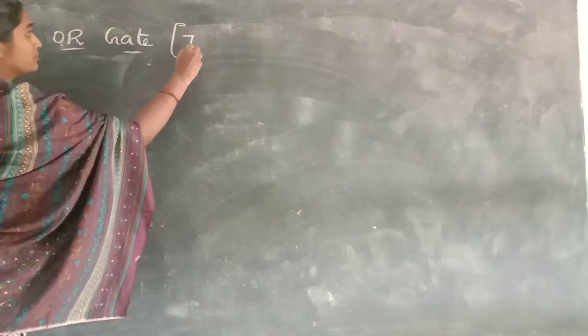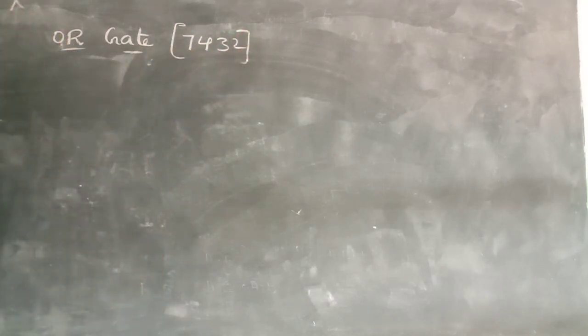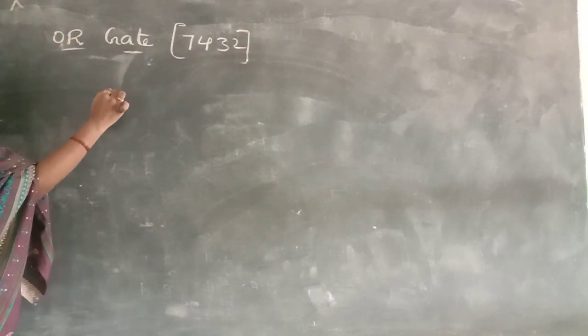Next one is the OR gate. What is the IC number of the OR gate? 7432. Next, the schematic symbol of the OR gate.